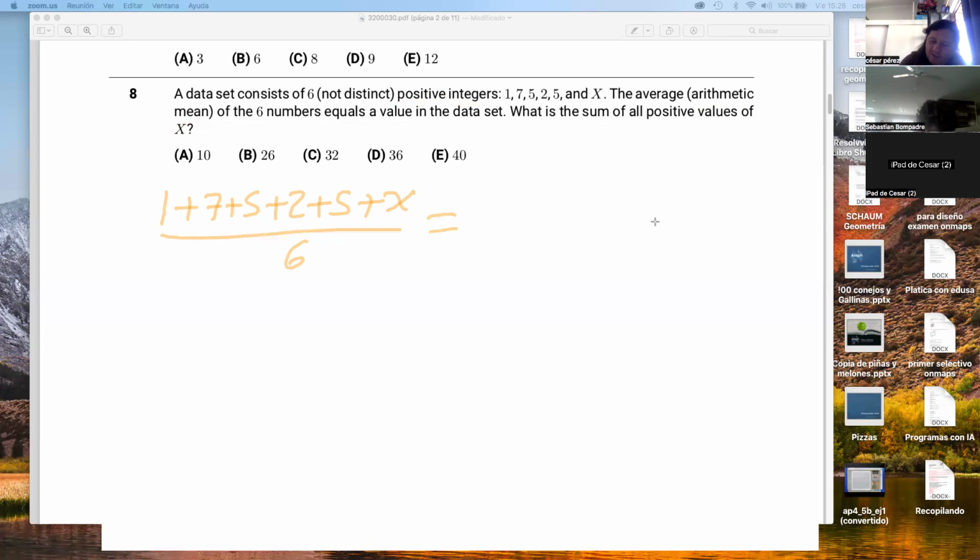This equals 20 plus x divided by 6. We can have this equal to 1. Yes, because we need that the average, the arithmetic mean, equals some value in the data set. So this can be equal to 1 or 5 or 2 or 7.